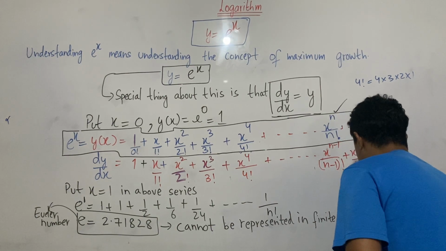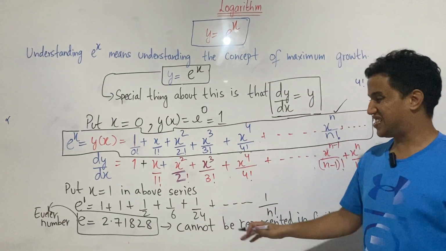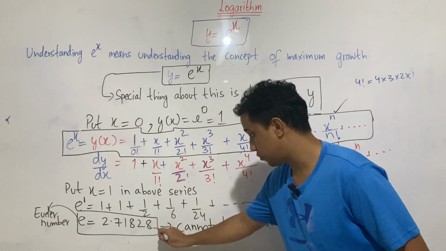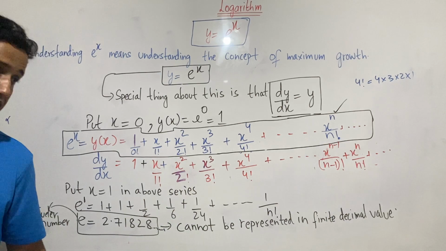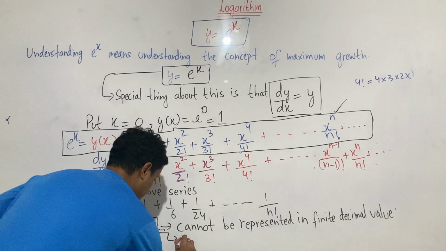It means there is no finite decimal value for it. Understand? It goes on and on. There is no finite decimal value for it, and also this is an irrational constant.